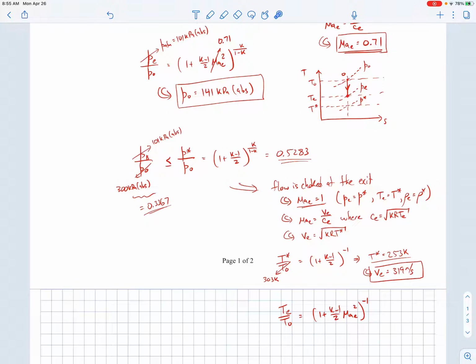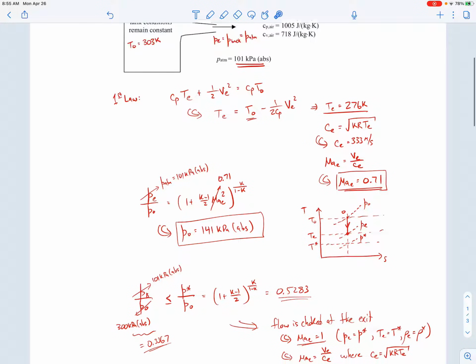You could use this expression to find the exit temperature, because you know the stagnation temperature and the Mach number at the exit. Once you have the exit temperature, you could find the speed of sound at the exit, and then the velocity at the exit using the Mach number relation. So that's what you would do if it turns out the flow was not choked.